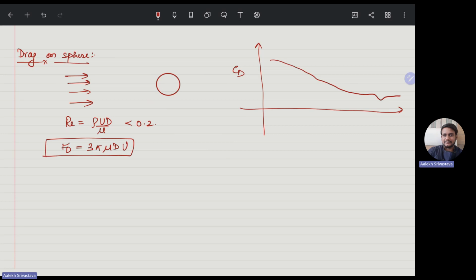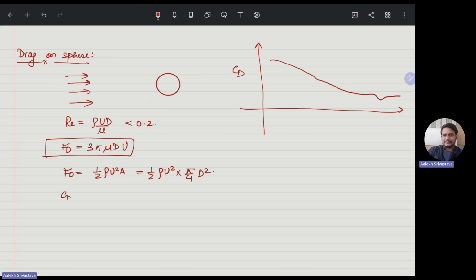This is the drag force that is achieved. Now you know that FD is also equal to half rho U square into area, and the projected area of the sphere is pi by 4 d square.